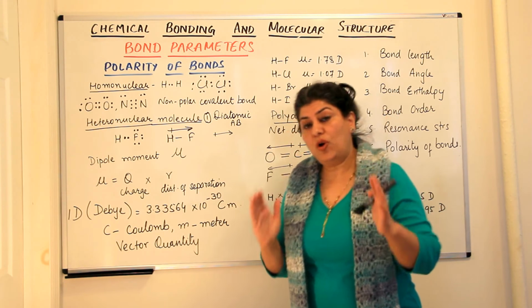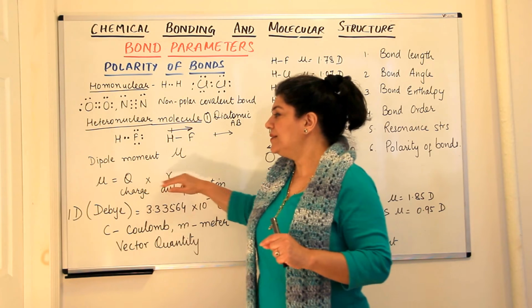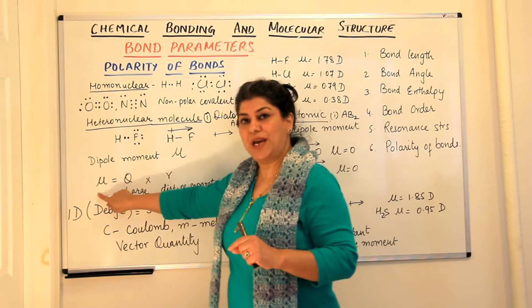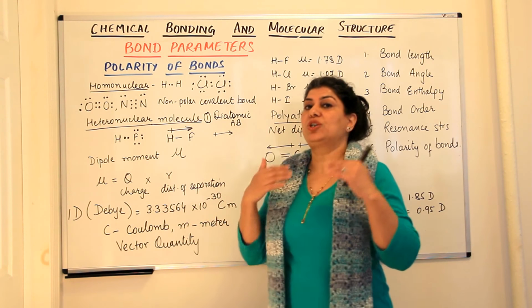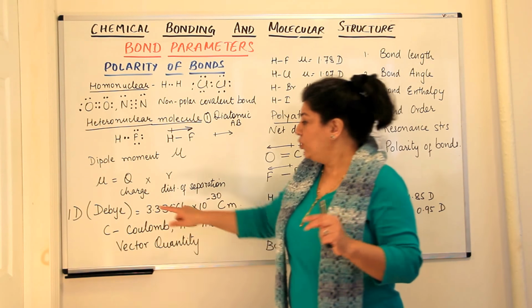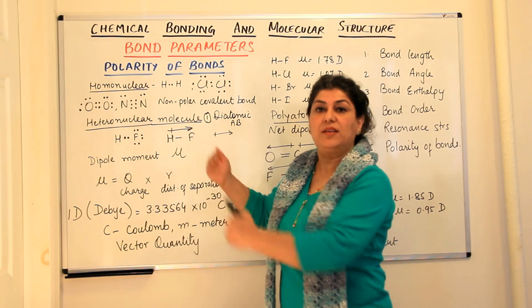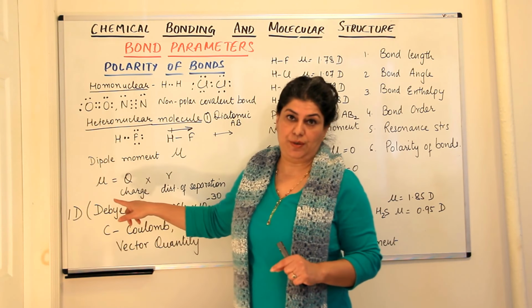Now, in your syllabus, that is in 11th and 12th, we are not really concerned about the mathematical part of this, but just the magnitude of dipole moment and the conceptual dealing of this topic is what would be your concern. So although I will be mentioning the dipole moment from time to time to compare the different dipole moments, we are not really going into this calculation.